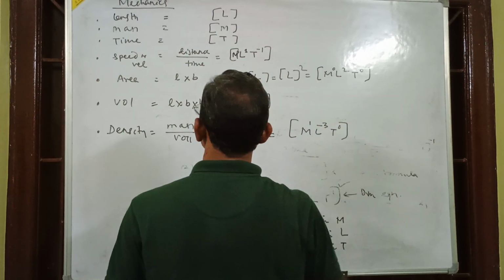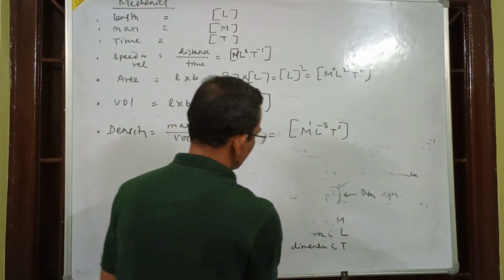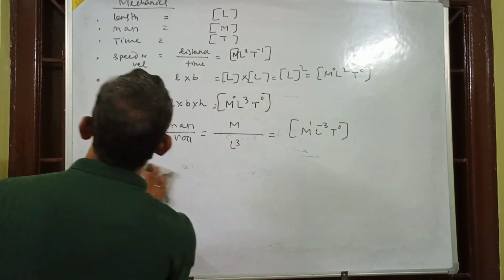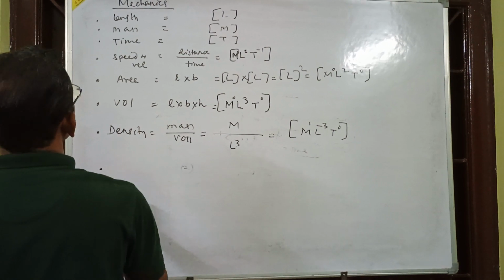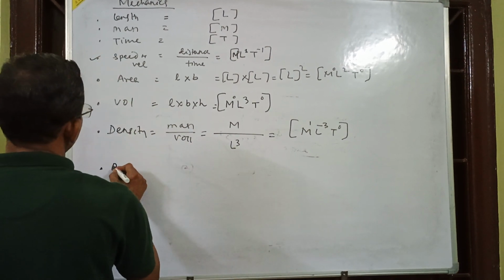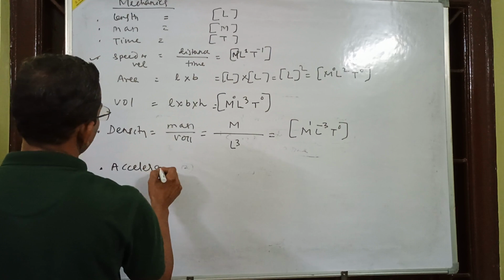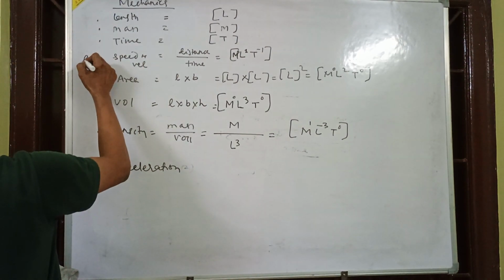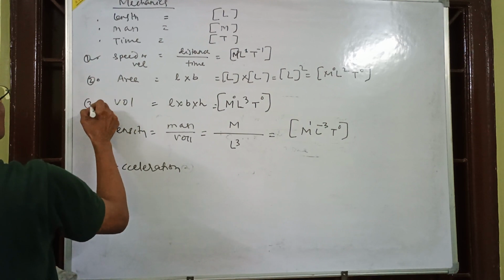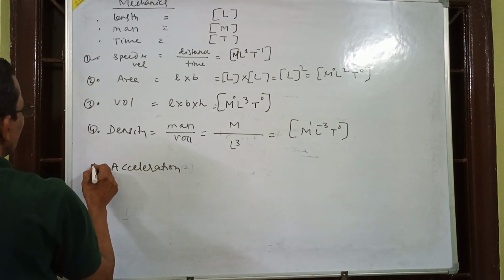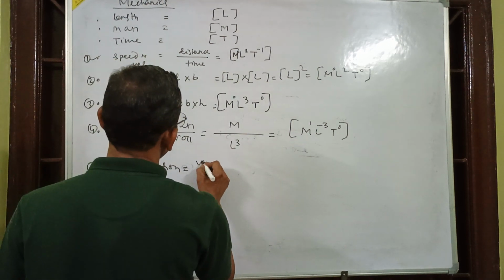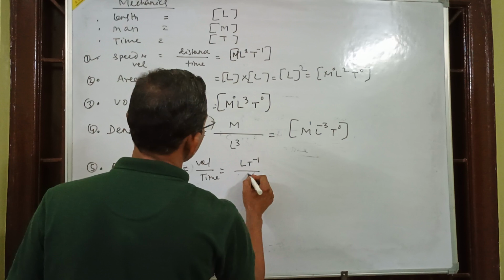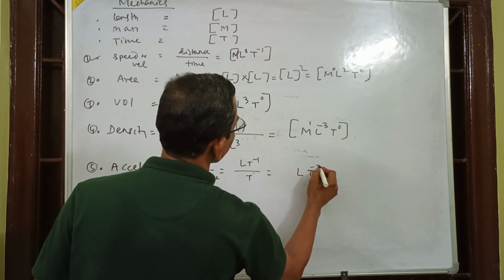This is the dimension of density. Next, acceleration. This is velocity upon time, which is L T minus 1 by T. It is L T minus 2. M is 0.